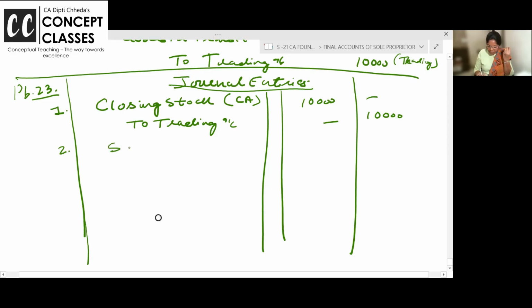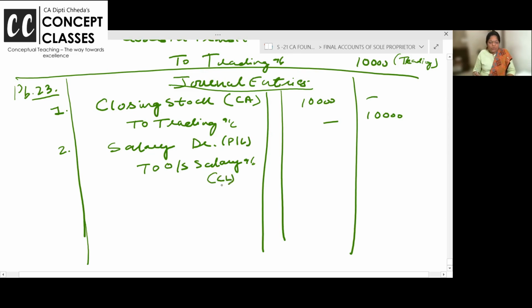Salary due but not paid. So salary is to be debited to outstanding salary account. If you paid salary to bank; if you have not paid, salary will go to the P&L account. Please write the parking for your understanding.